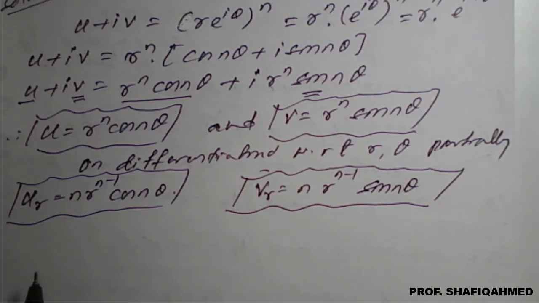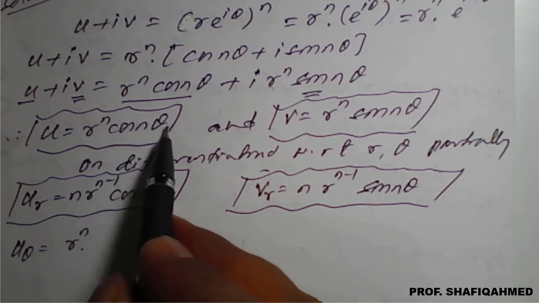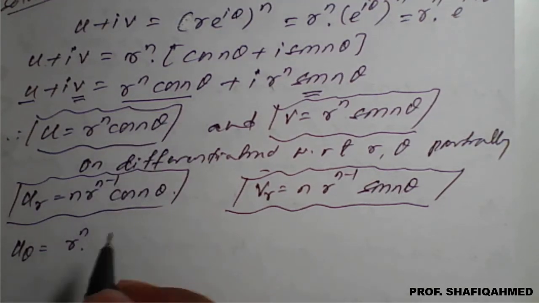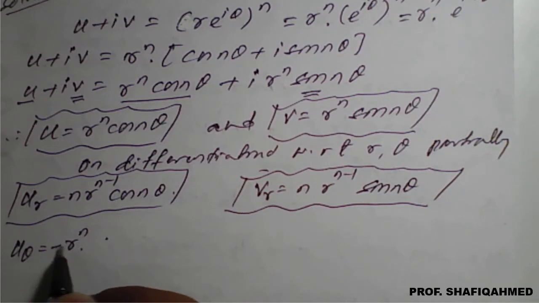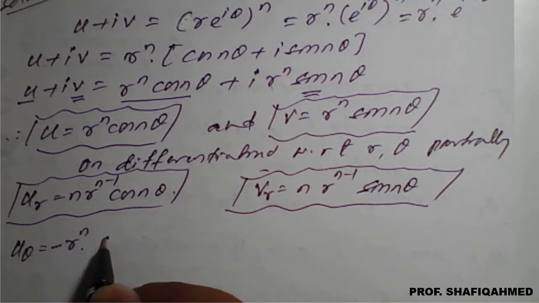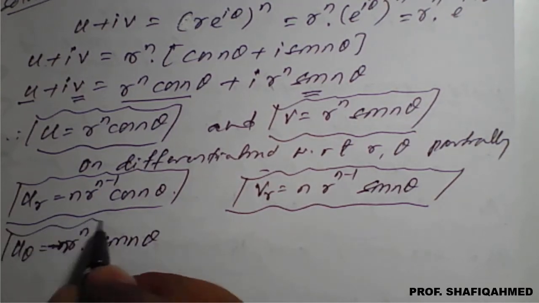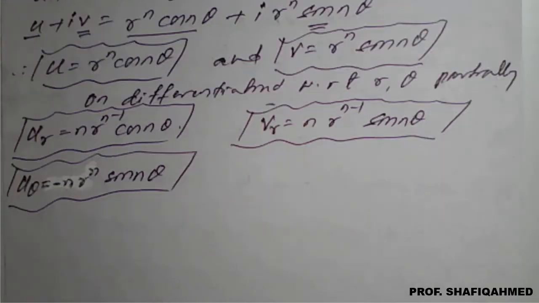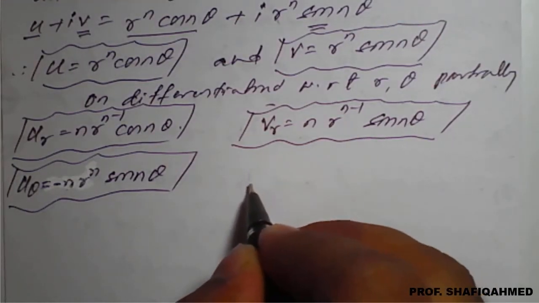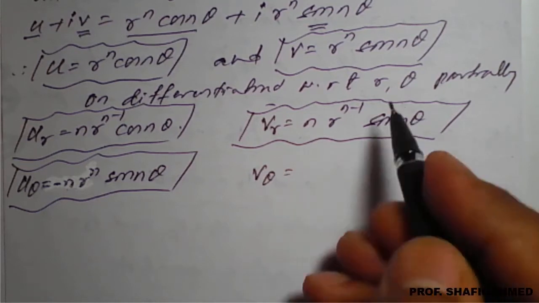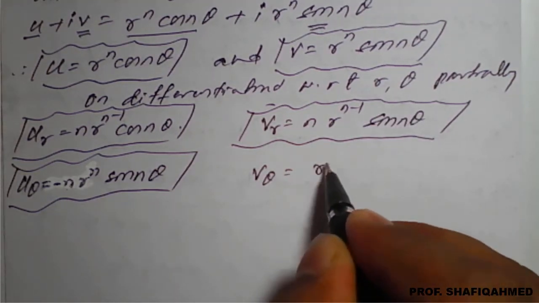Now we'll go for the derivatives with respect to theta. So u theta is equal to, at that time, r raised to n as it is, which is constant. Cos of n theta with respect to theta is minus sine n theta into n. You multiply n also here. Similarly v theta is equal to, keep r raised to n as it is.